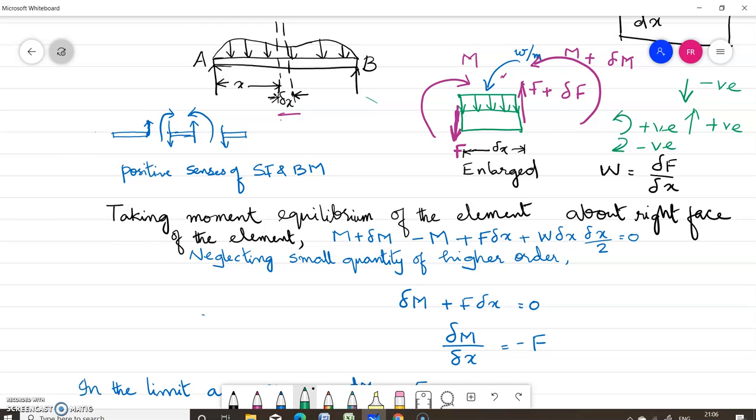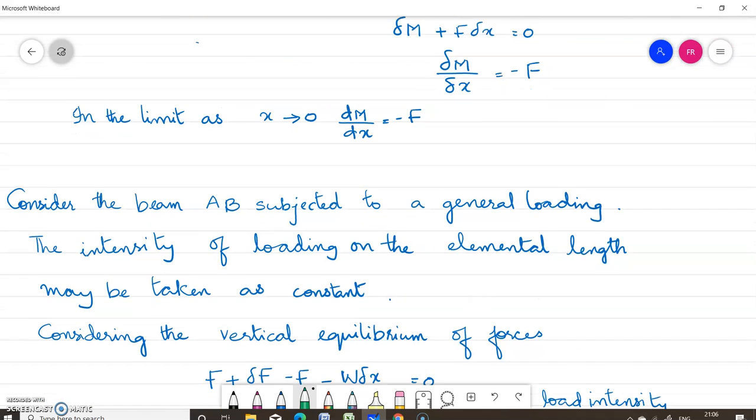So what are the forces acting downwards? F is acting downwards. You have taken it as negative, so minus F. This F plus delta F is acting upwards, so plus F plus delta F. This load is also acting downwards for a distance of delta x. Load intensity is W per meter length, so for delta x length it is W into delta x acting downwards, which we take as negative.